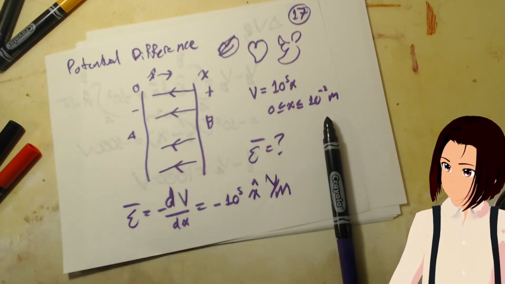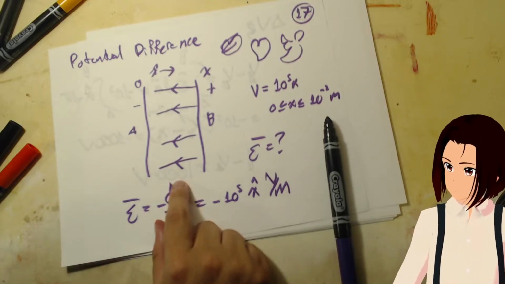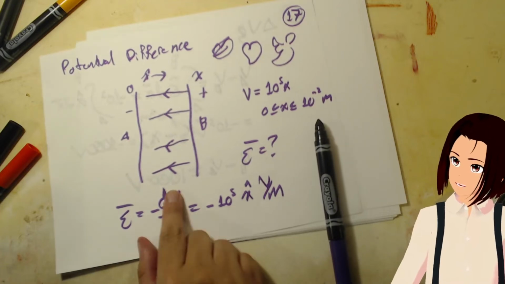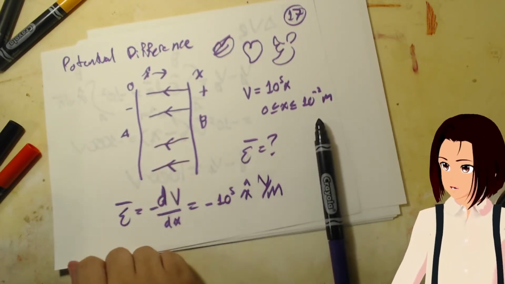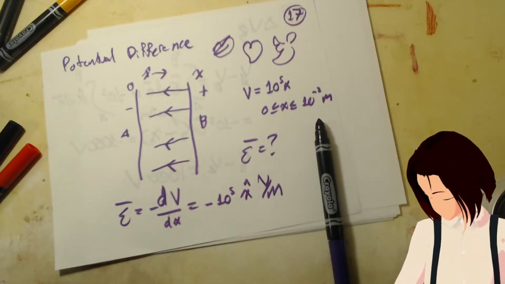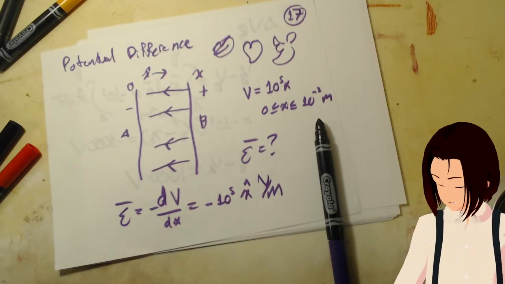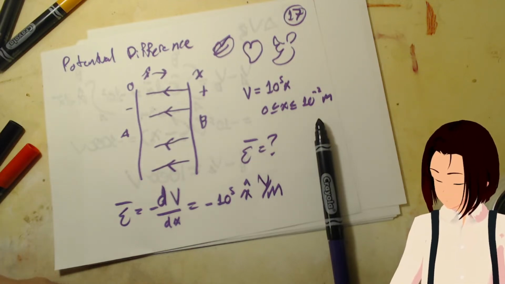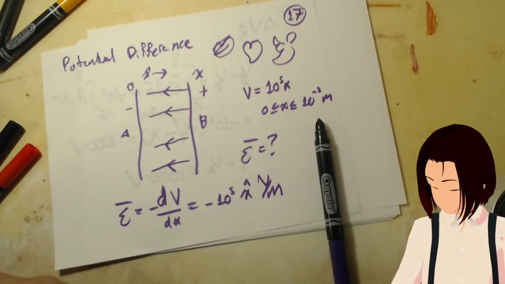With this idea, the electric field is constant, whereas the electric potential varies depending on where you are. That's the idea I want you to take home. As long as no charge is moving and we are dealing with solid conductors, the electric field inside a conductor is 0.